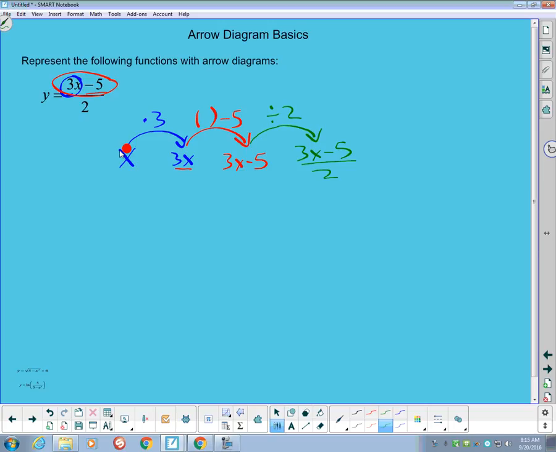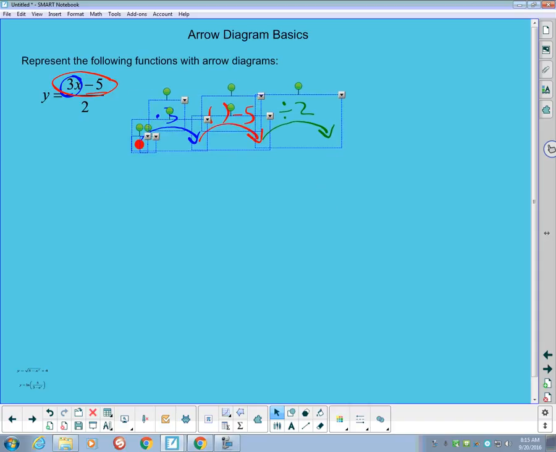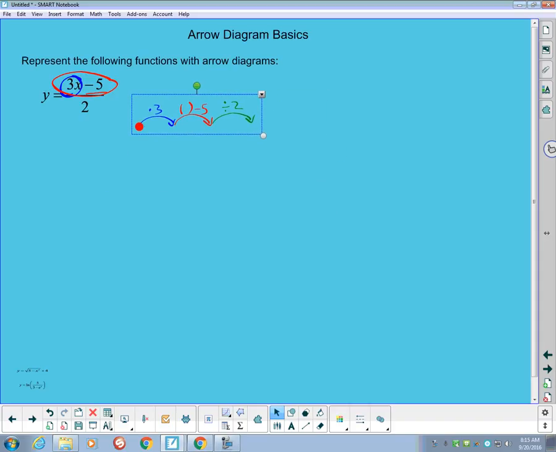And that set of arrows up here represents this first function that we have up here. All right, let's try another one. I'm going to make this a little bit smaller, set that up there so we have room to do another one.